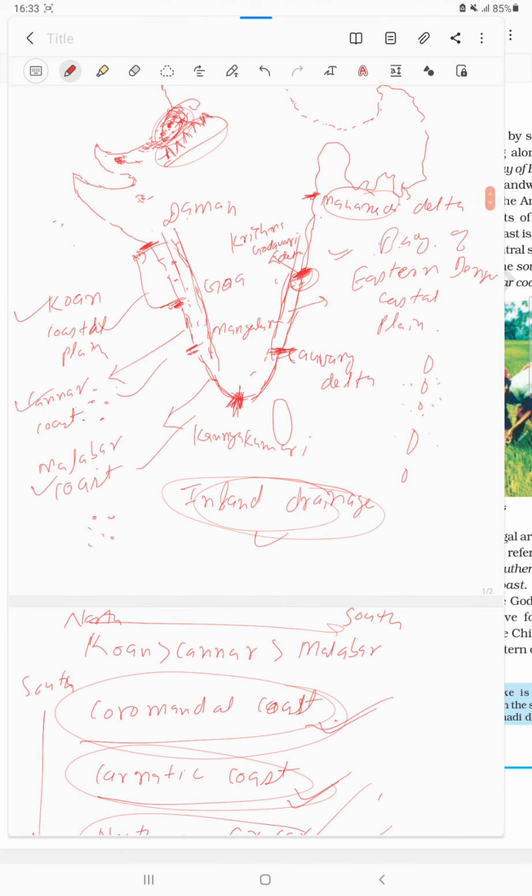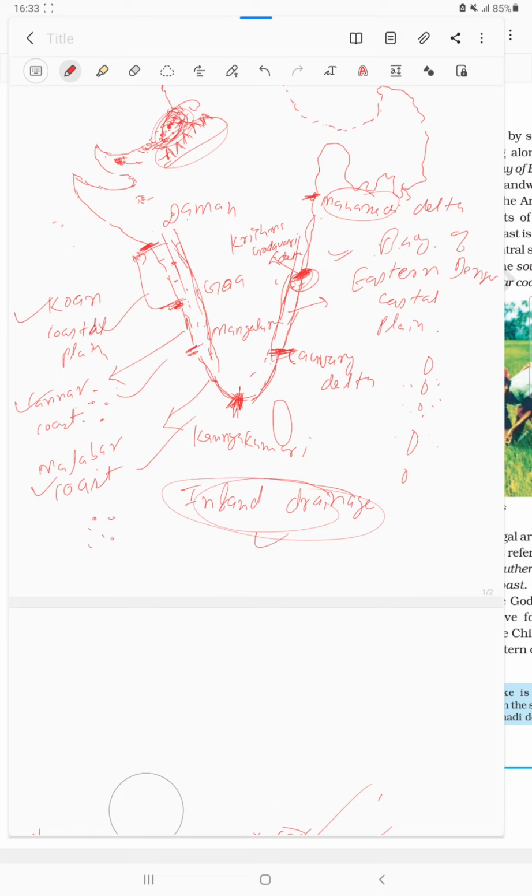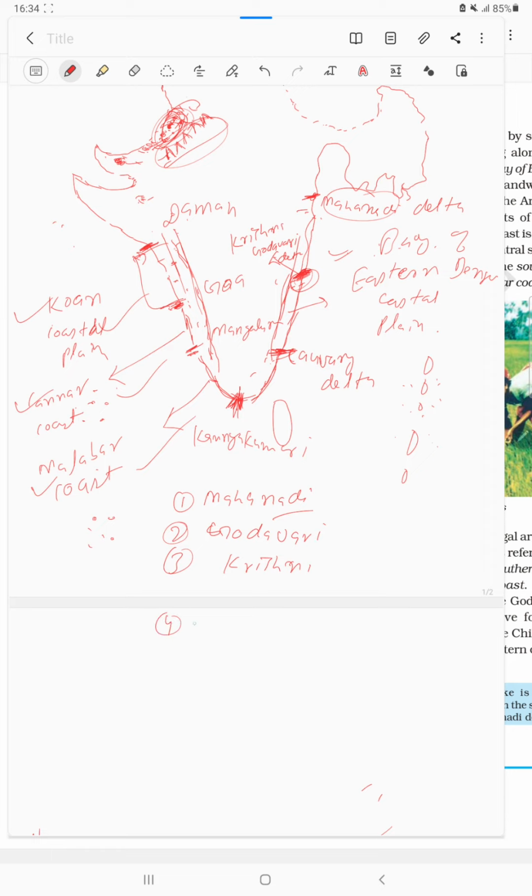The main rivers of southern India generally flow in the eastern coastal plain. The main rivers are generally the Mahanadi, Godavari, Krishna, Kaveri.